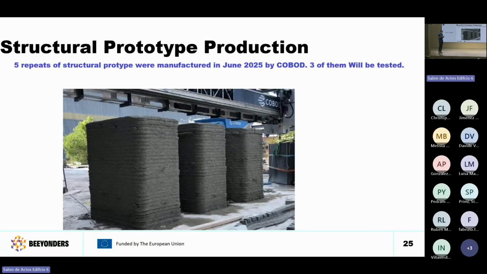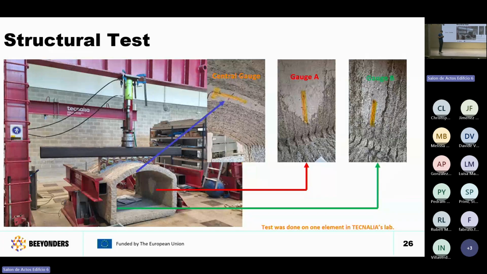So 5 repeats of these small elements have been produced by Cobalt last year, and 3 of them were tested in Technalia, with implementation of deformational sensors on the surface of the element.